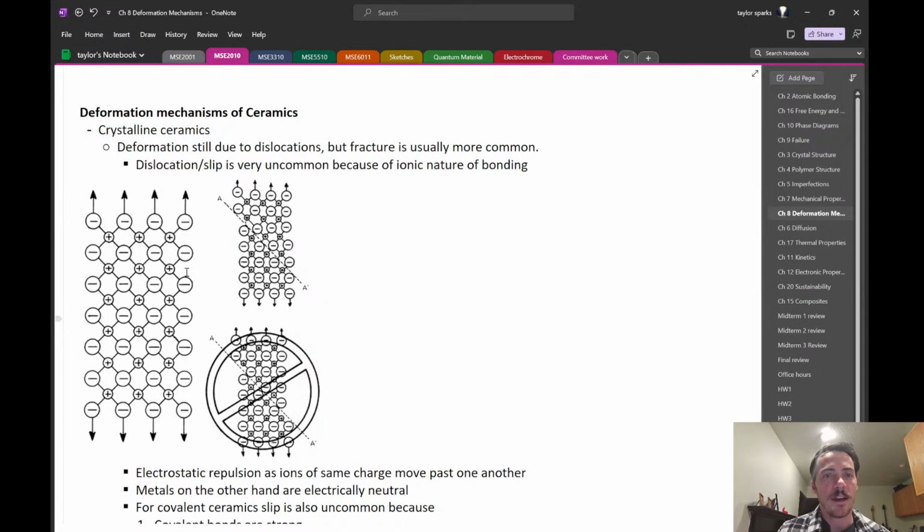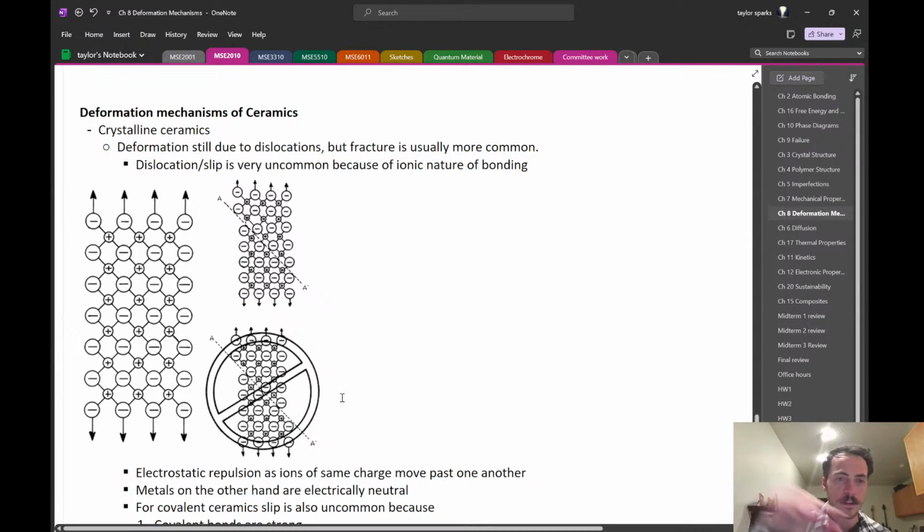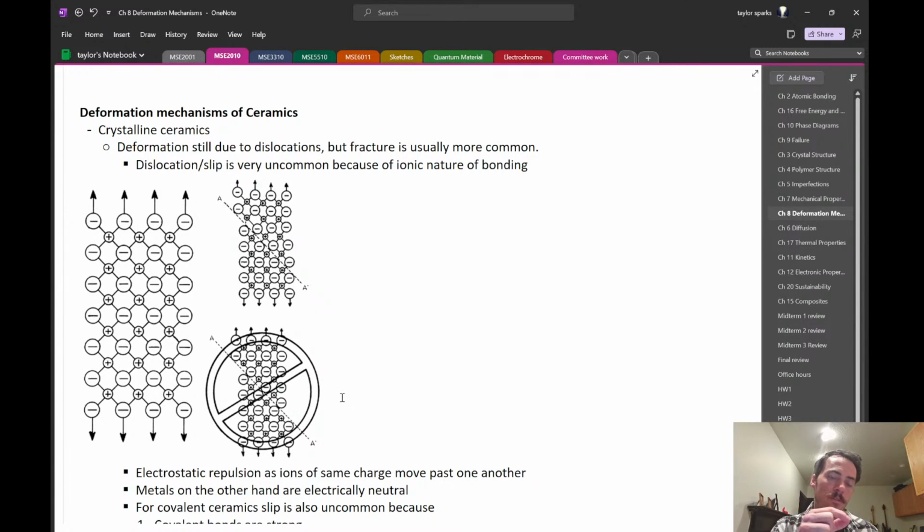The problem is that as they start to slide past one another, as you can see in this picture with the big Ghostbuster X going through it, the negative would have to be sliding past another negative ion. The positive would have to be next to a positive. The electrostatic repulsion that would induce is so big that it would rather fracture. That's such a high energy intermediate state that it's easier to just cleave and break and introduce a new surface, which has a surface energy penalty, than to continue trying to deform.